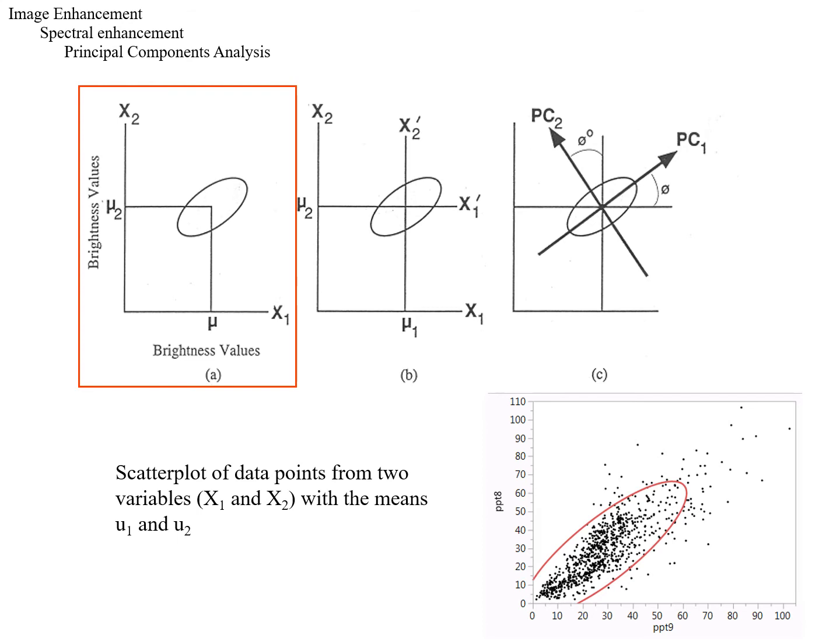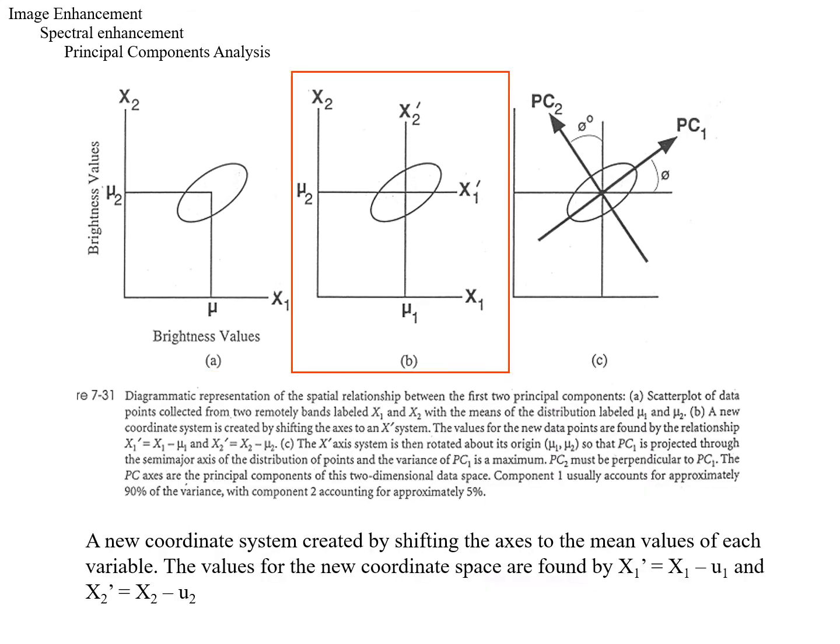So we start there. The first thing we do is we subtract the mean values from x1 and x2. This has the effect of moving the origin of the graph to the center of mass of the 2 variables, so the central tendency.